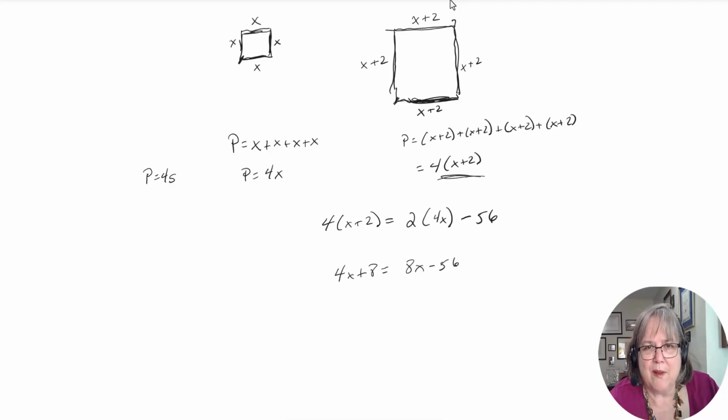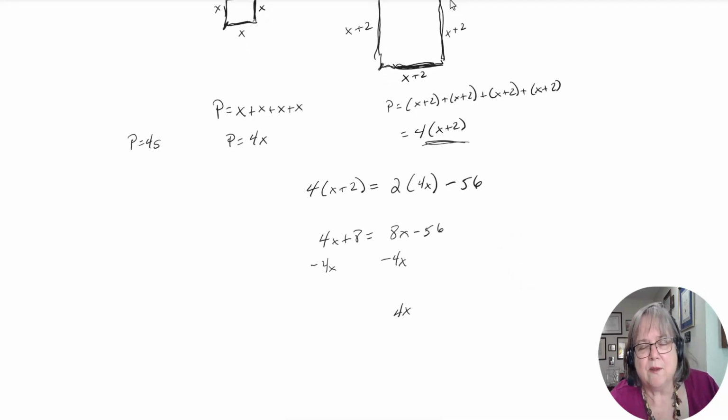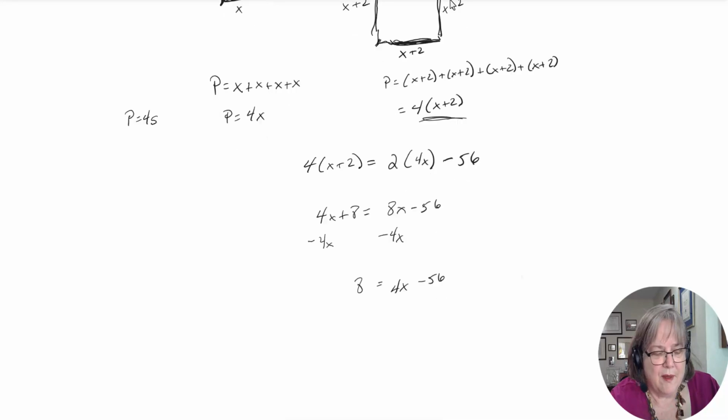Usually we put them on the left just because people get into a habit of doing that, but you can put them on the right. If I put them on the right this time, that's actually a benefit because I end up with a positive 4x. Otherwise, if I put them on the left, I'd have a negative 4x, which is just another step to do. All right, so I'd have 4x minus 56 equals 8x.